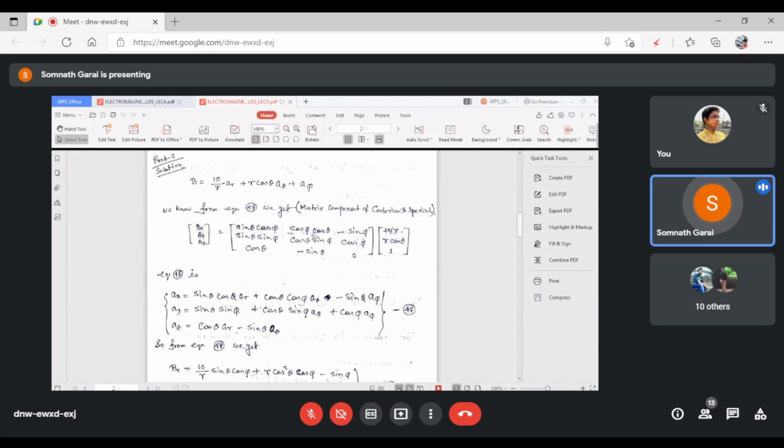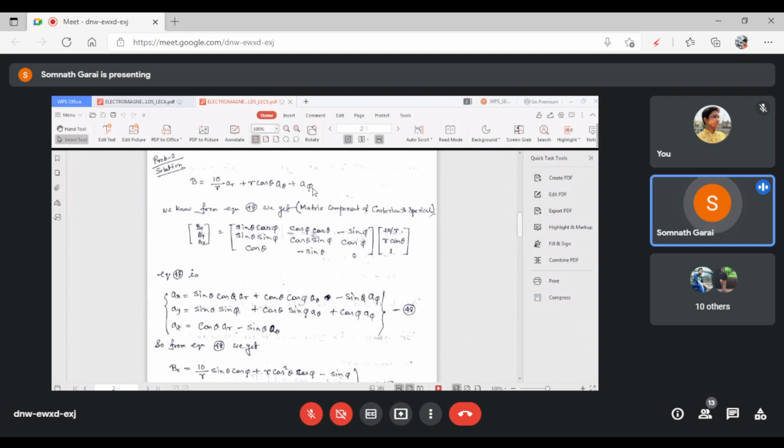Let's give an example. There is a problem, and there is a vector field in the spherical coordinate system. Here capital B is equal to 10 by r ar plus r cos theta a theta plus a phi.